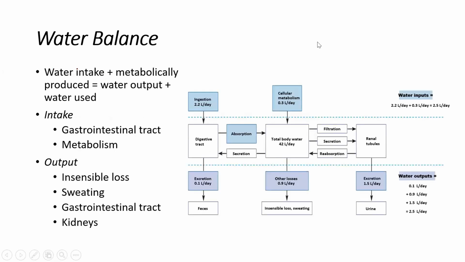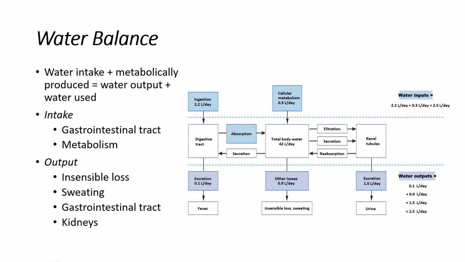All right, so here is another look, reiterating that relationship between inputs and outputs and positive balance versus negative balance, and how we should have a matching between water that we're inputting and water that we're using up or excreting. We have sources of input like the GI tract and metabolism.